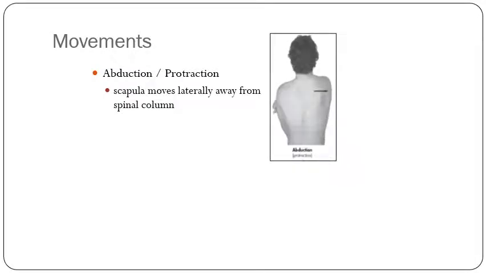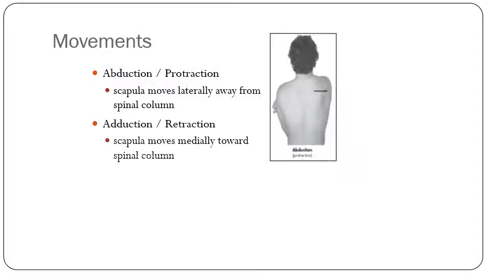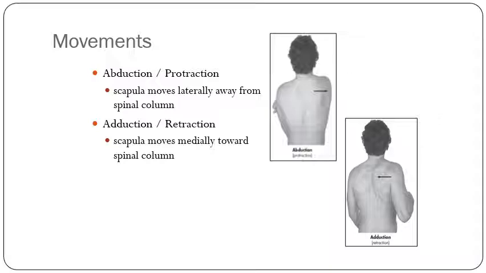That's when the scapula moves laterally away from the spinal column. And then you have adduction or retraction, when the scapula moves medially towards the spinal column. So any time there's more than one term to describe a movement, make sure you're familiar with both. In this way, you'll never get confused by somebody using slightly different terminology.